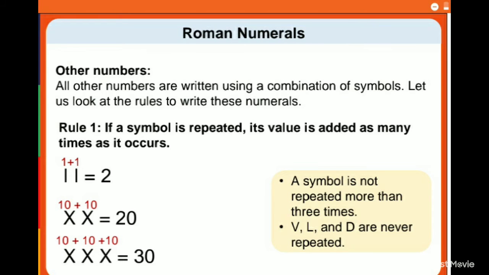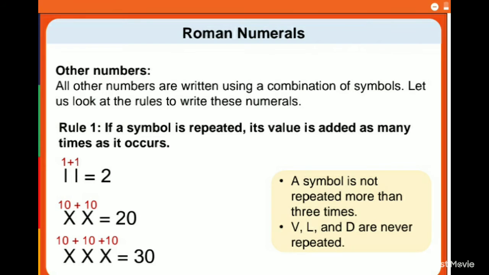Our rule 1 is if a symbol is repeated, its value is added as many times as it occurs. That means its value is added as many times as the symbol occurs. Like X, 2 times X is coming, so 1 X represents 10, so 2 X represents 10 plus 10 equals 20.